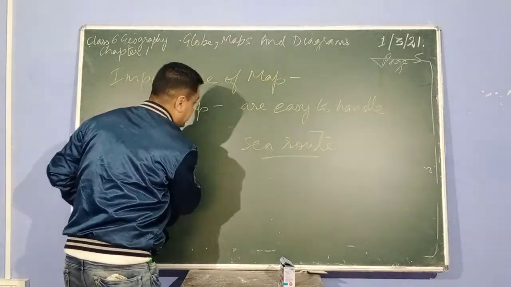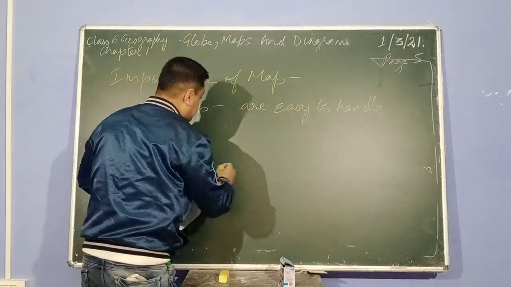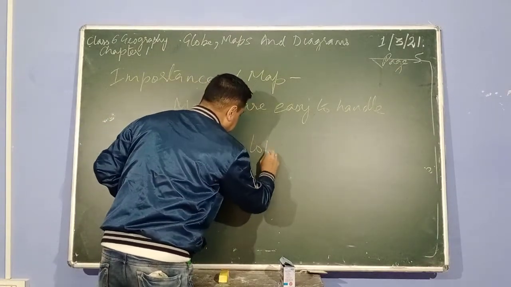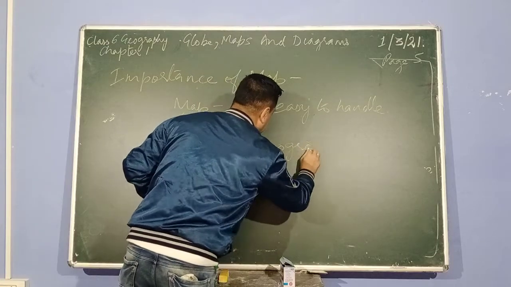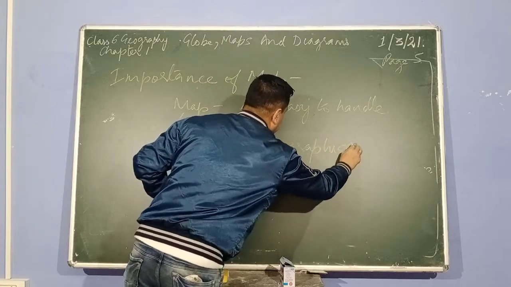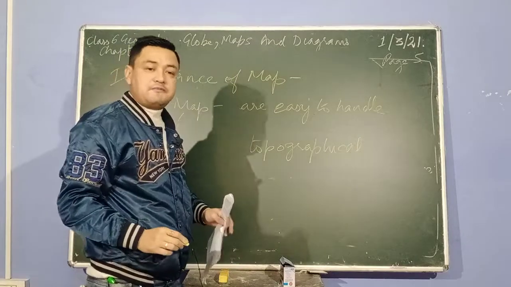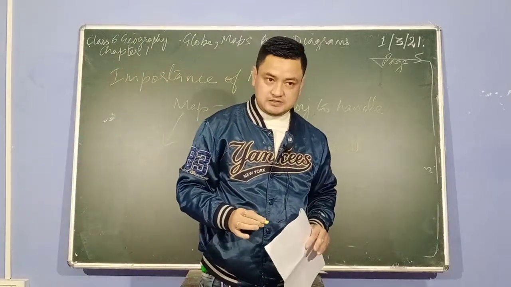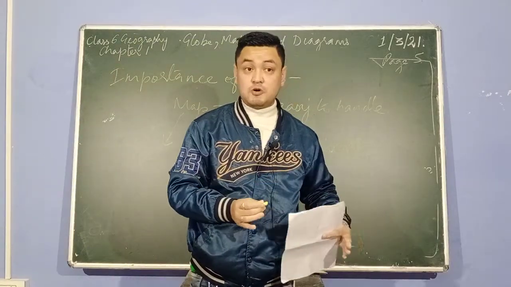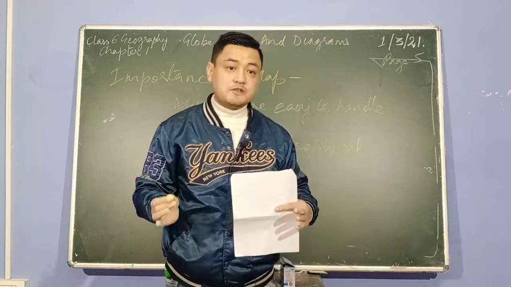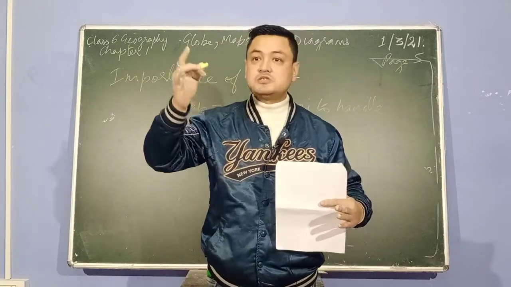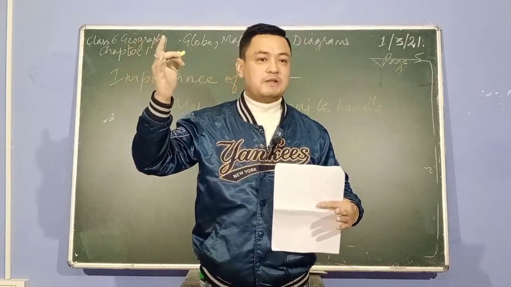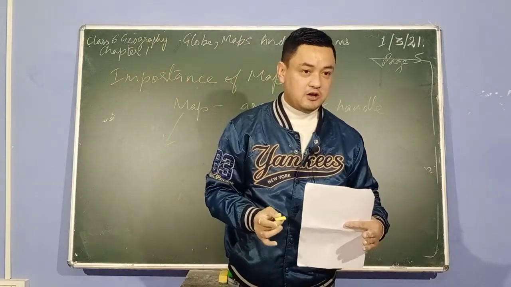I am writing on the blackboard. The military looks at topographical maps because topographical maps are accurate maps. They show the physical features of the earth. What are physical features? Physical features are those features that show mountains, plateaus, plains, hills, etc.